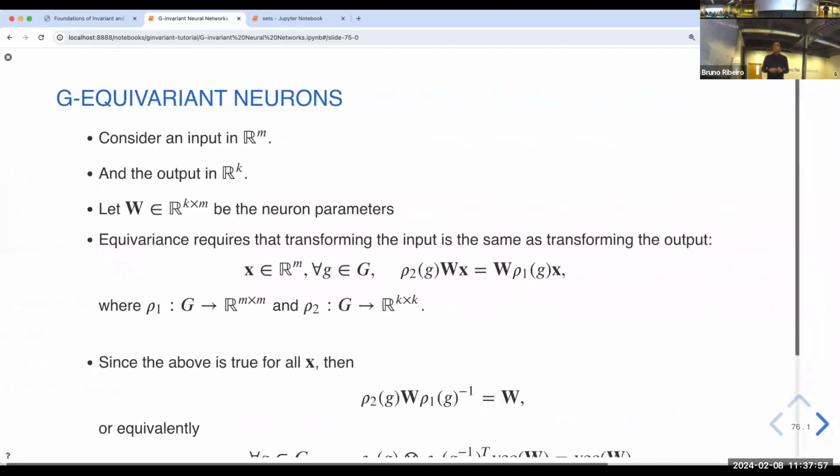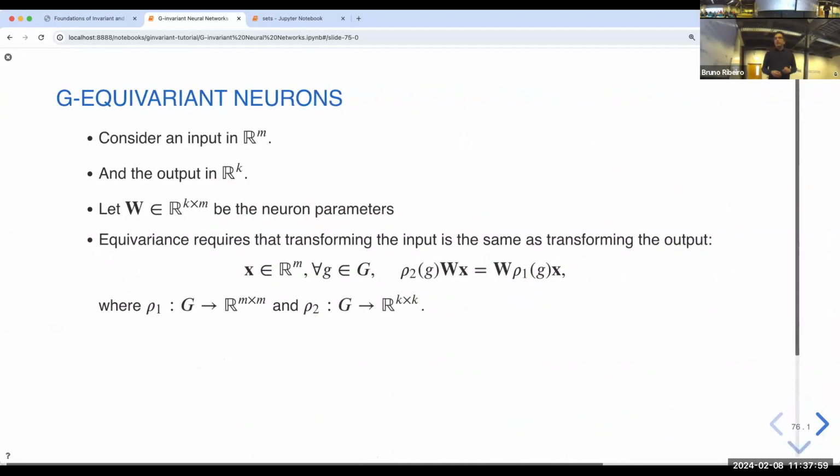Okay, let me continue, equivariance. Good question. Does the size of the group make the problem harder or easier? When you say harder, you mean harder computation? More data to train?